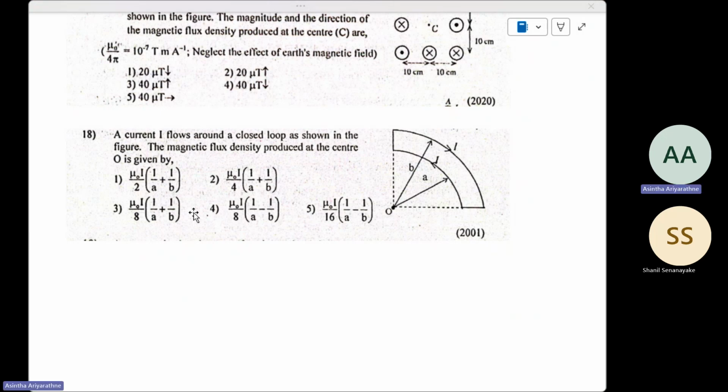So here, it is part of a full circle. Part of full two circles.